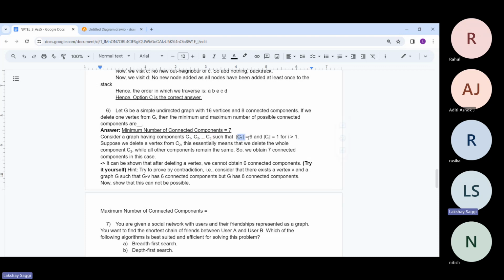Suppose C1 has 9 vertices and C2 to C8 only have one vertex each. Now let's try. We want to find the maximum number of connected components, right? So try to think what would be a structure of C1 such that if I delete a vertex from C1, it breaks into a lot of components.